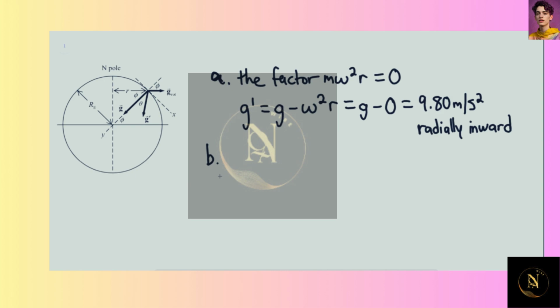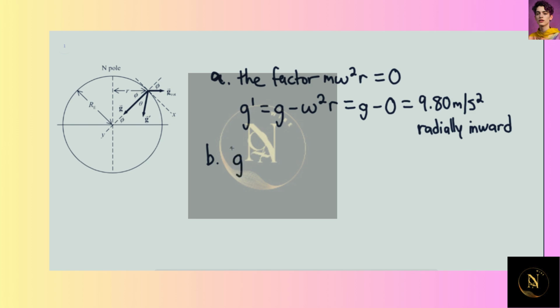And then for part B, to find the direction relative to the radial line, we set the coordinate system along the tangential x and then the radial y. So y is always along the radius, or essentially towards the center of the Earth. And then at a specific latitude phi, the true gravity will point purely in the positive y direction.